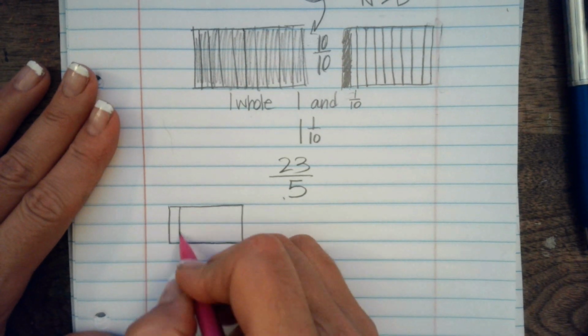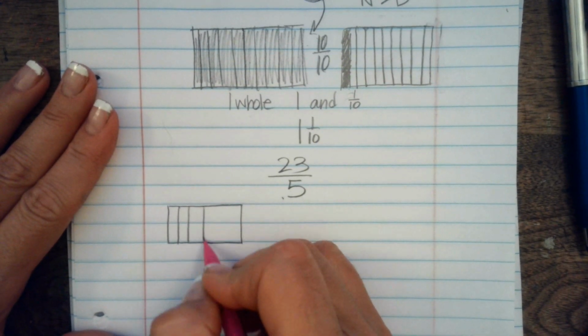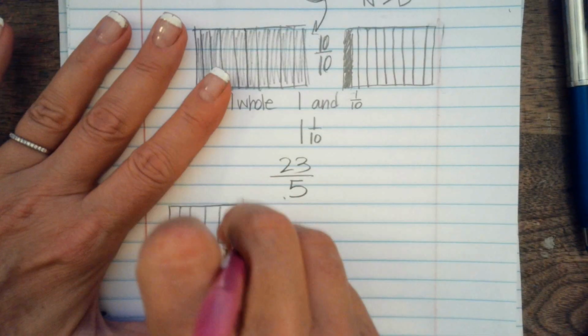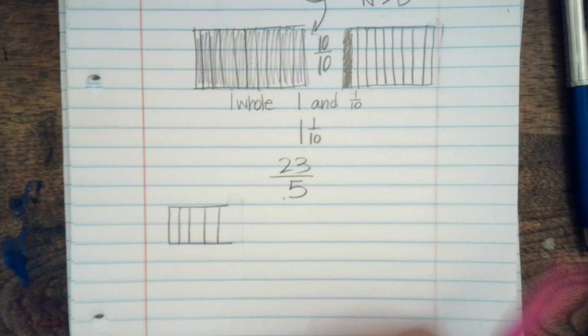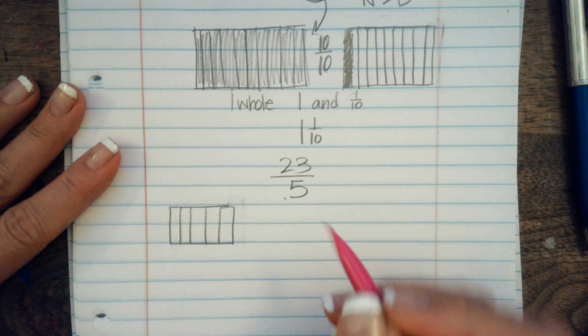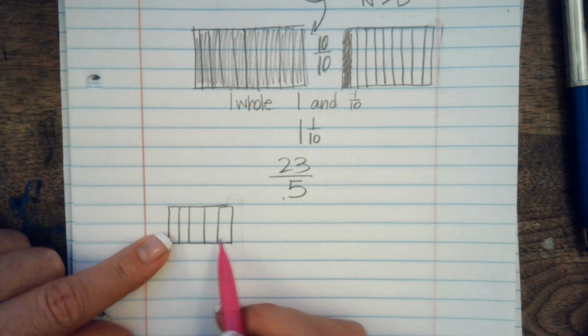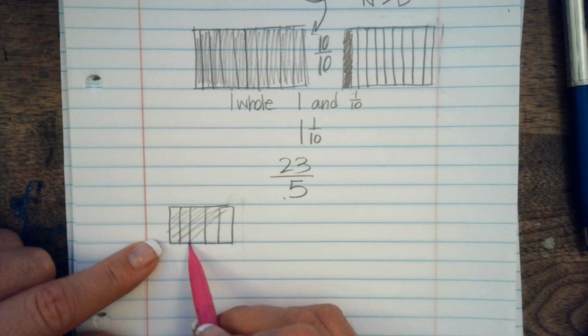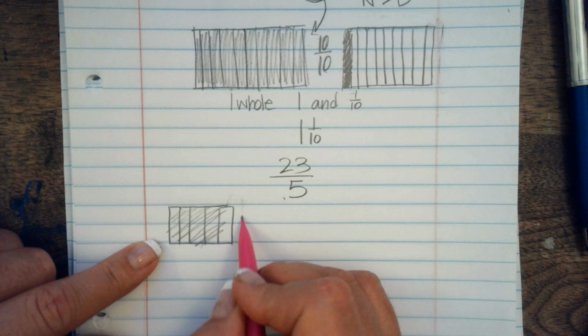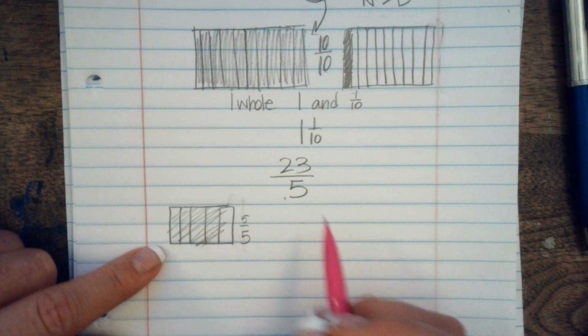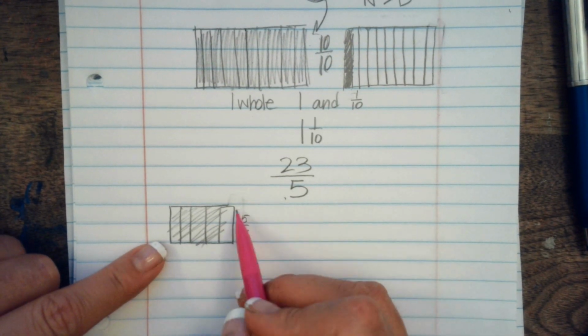Yeah, so if I had 5 squares here, that would give me 5, right? So this is 5 out of 5.